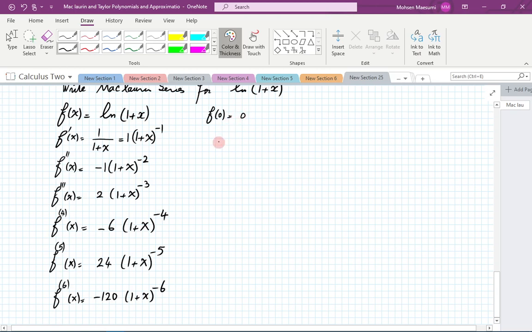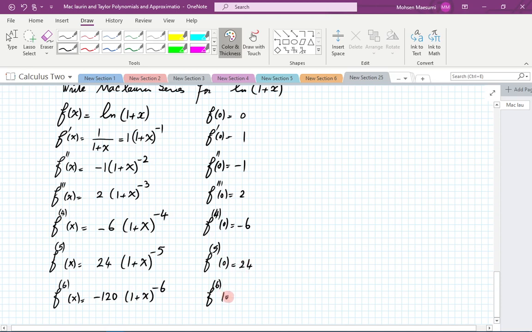Logarithm of 1 is 0. f prime, when you plug a 0 in it, you just get 1. f double prime, you plug a 0 in this one, well, you get minus 1. Here you get 2. Here, well, let's write it 4. Minus 6. Fifth derivative is 24. Sixth derivative is minus 120. So on it goes.